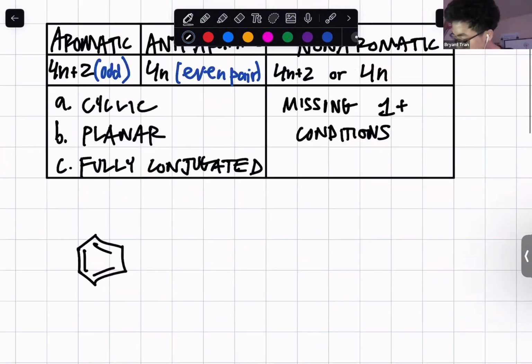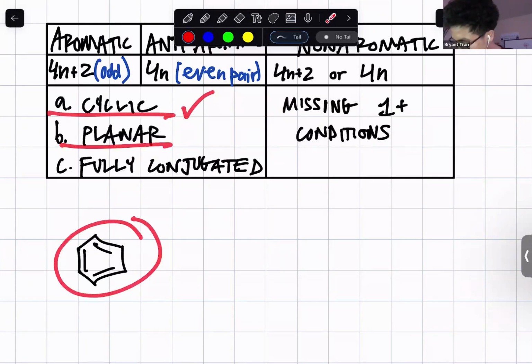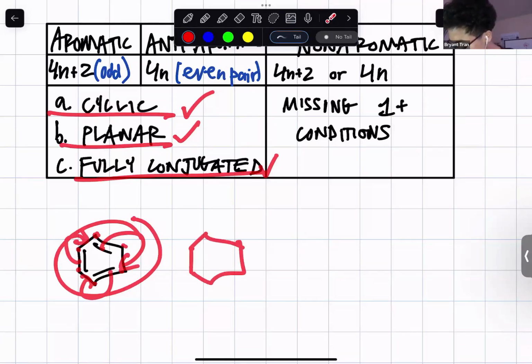This benzene molecule is cyclic. It is planar because all of the atoms are sp2 hybridized, and it is fully conjugated because it could do resonance all around the ring.